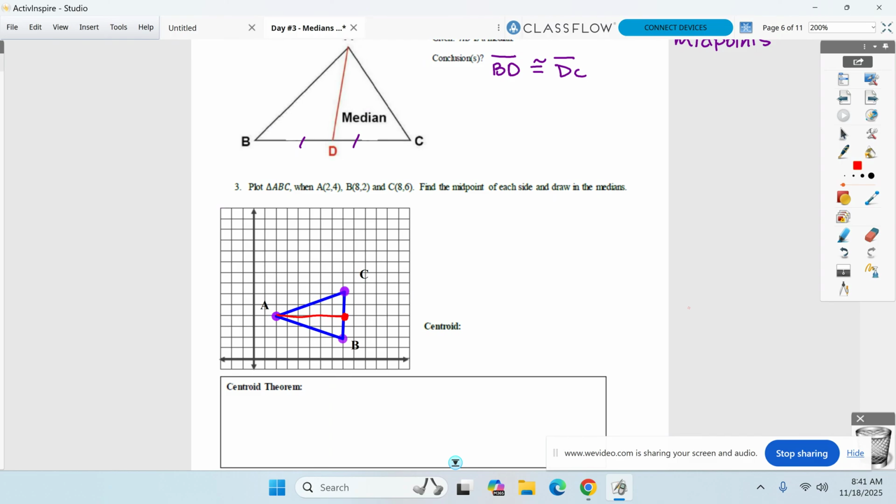Find the midpoint of each side and draw the median over from the opposite vertex. And hopefully you see something if you've been using a straight edge.